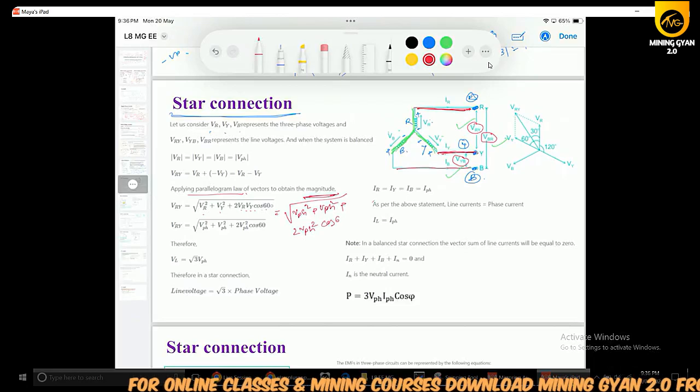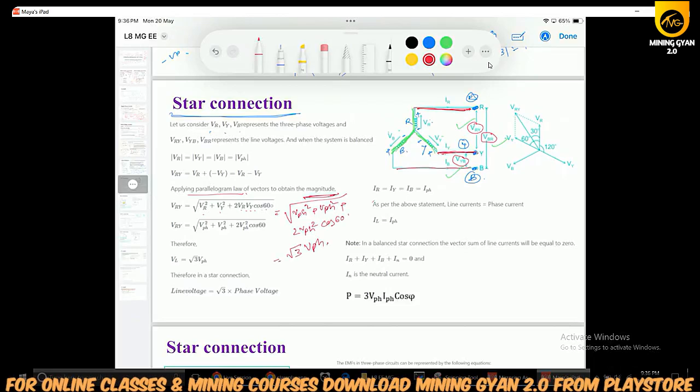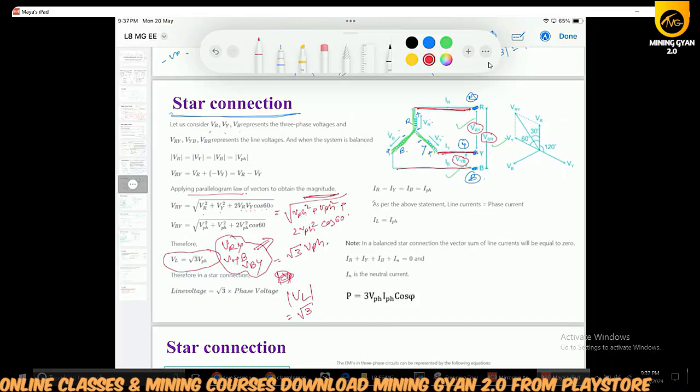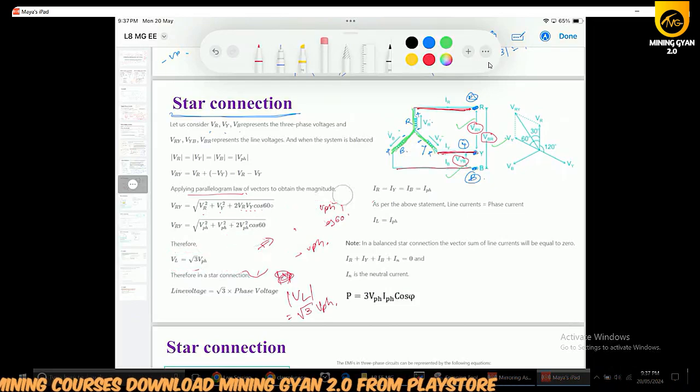So you will get root 3 times V phase. That is the magnitude of the line voltage. The line voltages VRY, VYB and VBR have their own phase angles, but they have the same magnitude, mod of VL, equal to under root 3 V phase. This is how you can calculate the line voltage from the phase voltage.